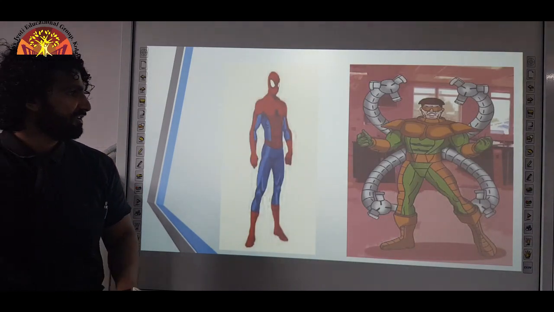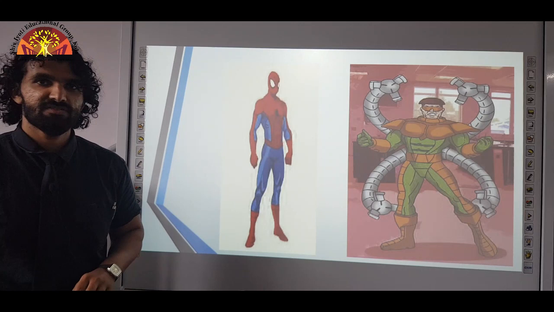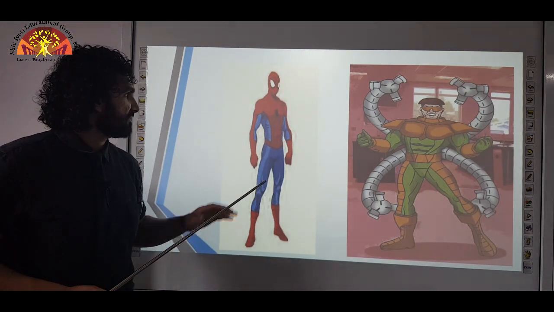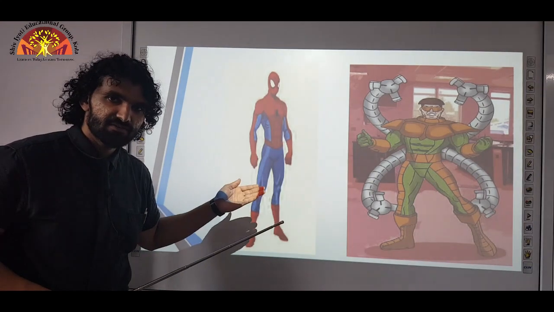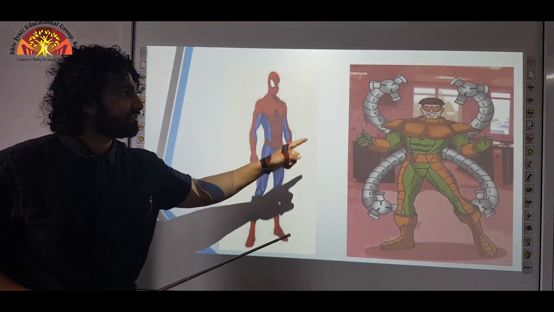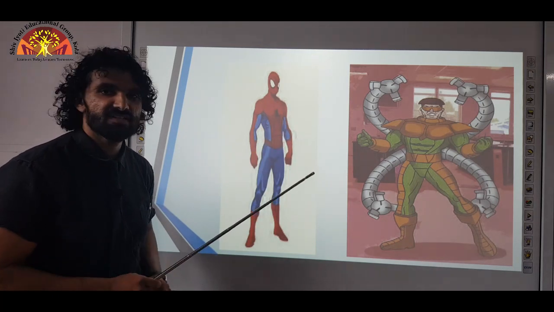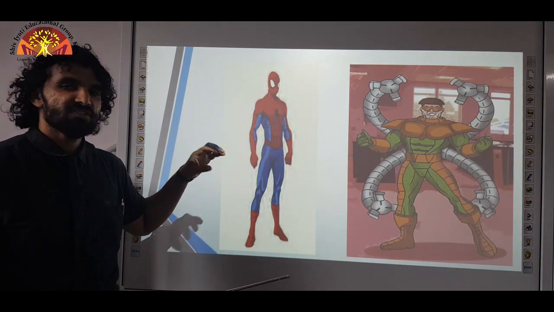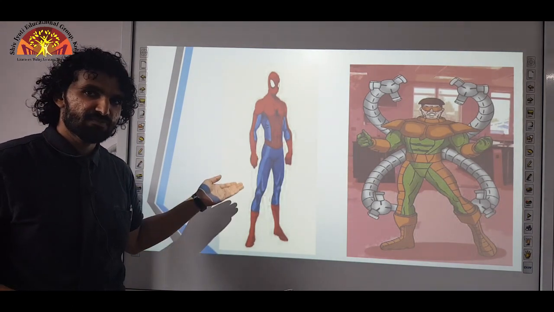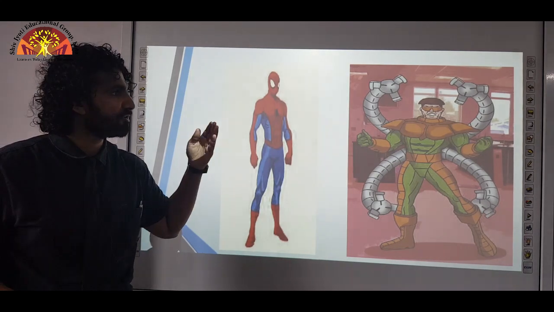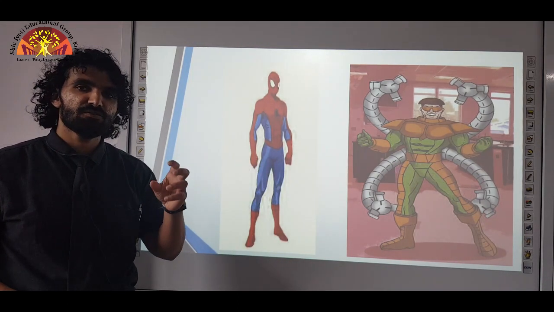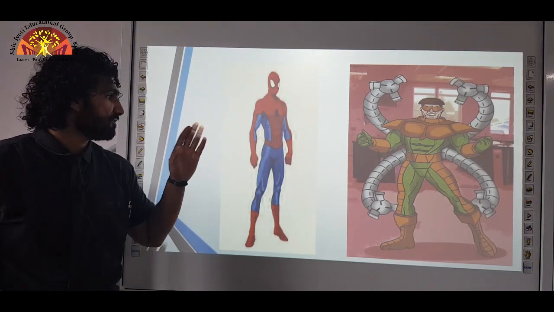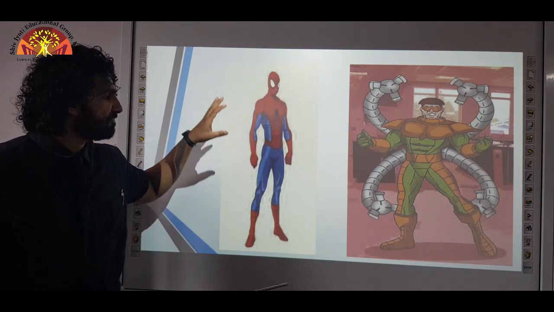Now I hope you will be very happy to see these photographs. This is Spider-Man and this is Dr. Octopus. Spider-Man has two hands, Dr. Octopus has 1, 2, 3, 4, 5, 6 hands. Imagine for a while that these were just sketches. I have given you a sketch of Spider-Man and a sketch of Dr. Octopus, and I'm going to ask you to fill color in them, to paint them.